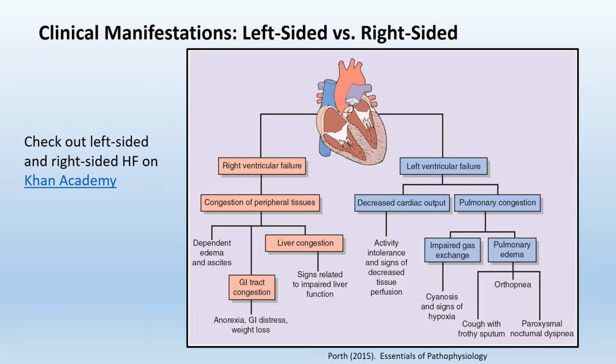Now, looking at right ventricular heart failure, the manifestations are all due to congestion in the peripheral tissue. Dependent edema and ascites, which is fluid in the peritoneal cavity. Liver can become congested, and GI tract becomes congested, so they have anorexia or poor appetite, some GI distress, and weight loss because they just don't feel like eating.